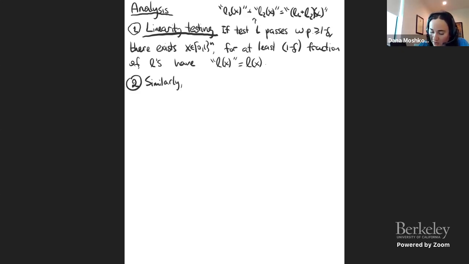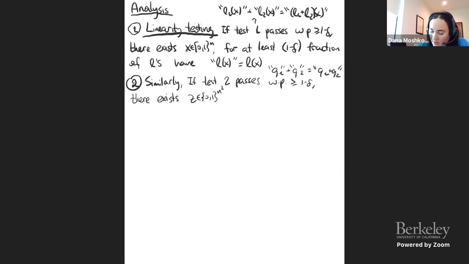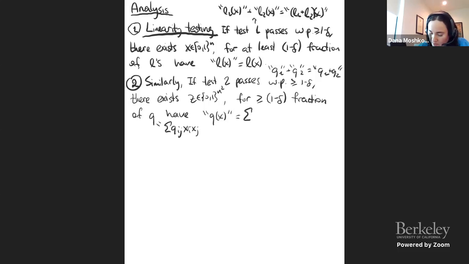Because of test 2, if test 2, which was Q1 plus Q2 equals Q1 plus Q2, passes with very large probability, then there exists Z in {0,1}^(n^2) such that for at least a 1 minus delta fraction of Q, we have Q(x) equals, let's suppose that Q is some sum of Qij xi xj, the sum of Qij zij.